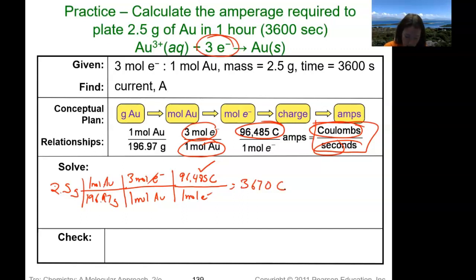And then knowing that amps is coulombs over seconds, you could do 3670 coulombs over 3,600 seconds. I'm fine with having an empty box, but some people really hate having that. So this is the way I usually do it.